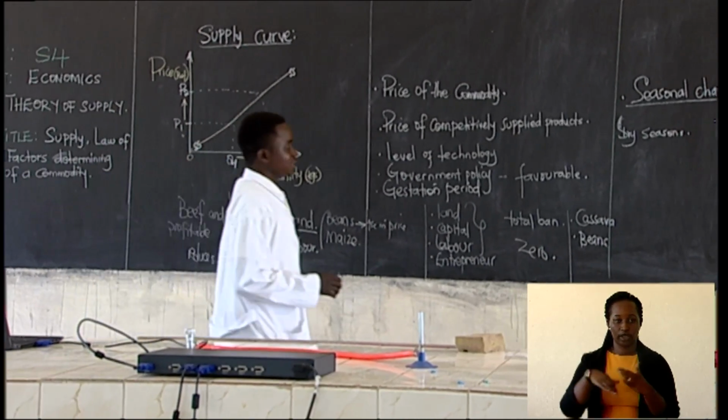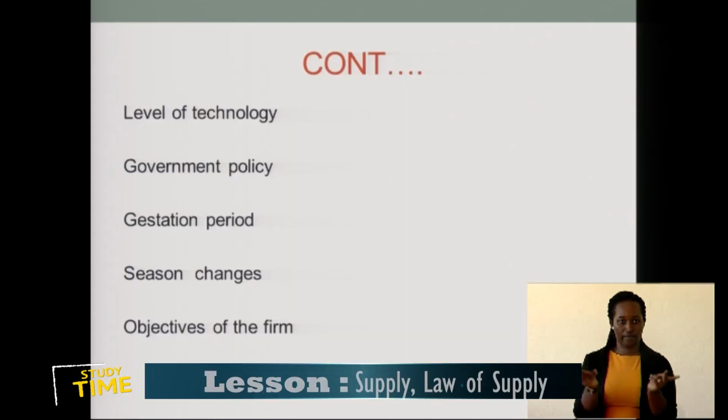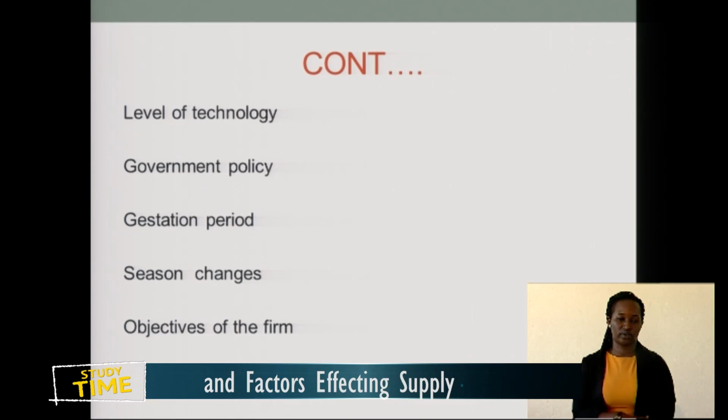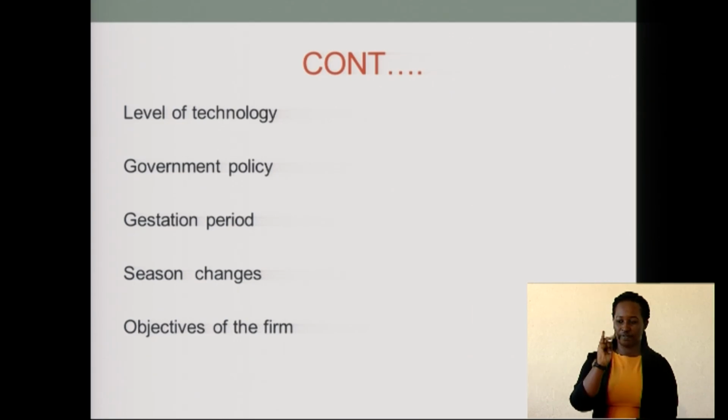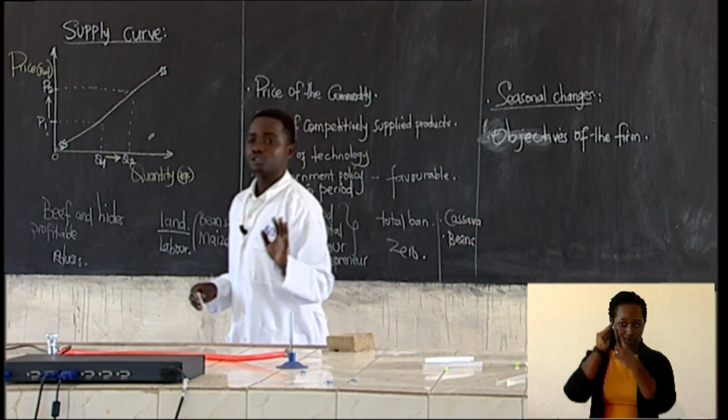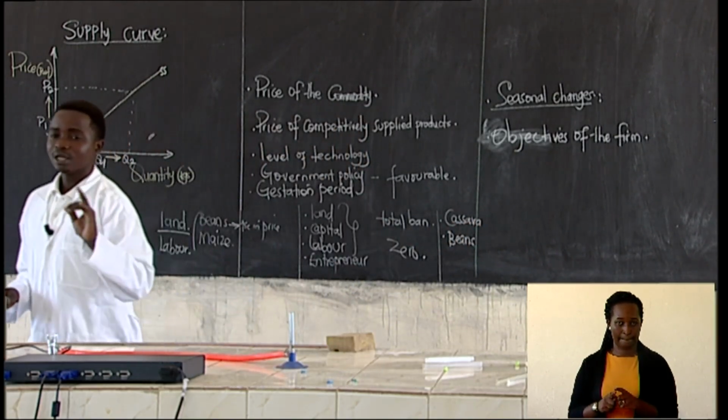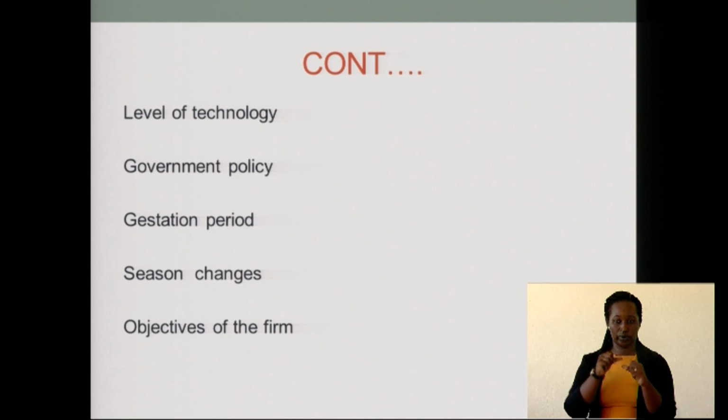Then we have the objectives of the farm as another factor. A farm is a production unit under one management. A farm has many objectives, but we shall talk about only two.